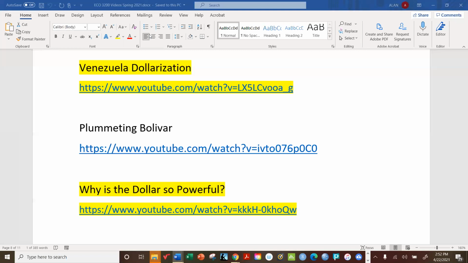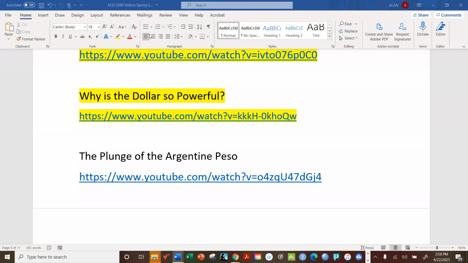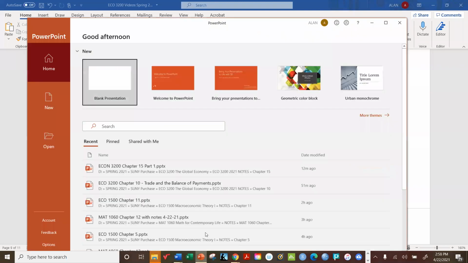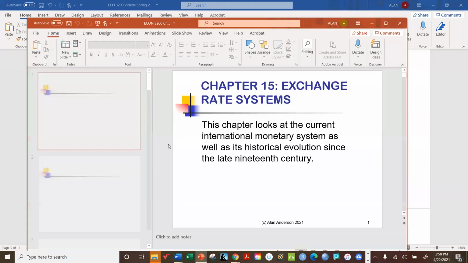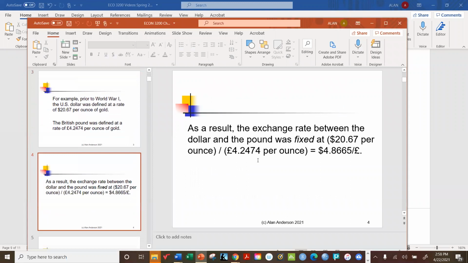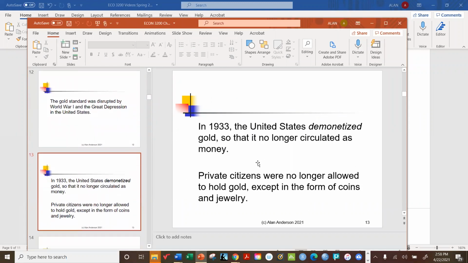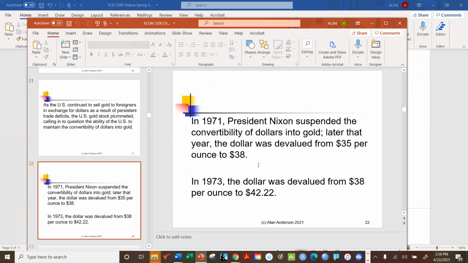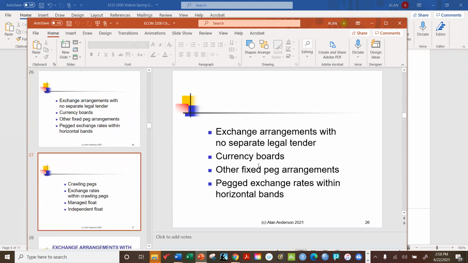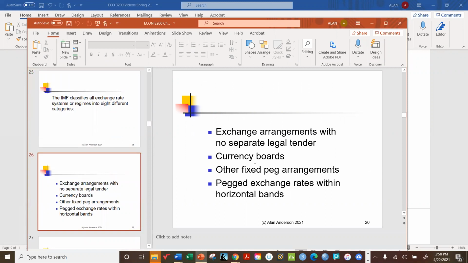Now, one of the other types of exchange rate systems we saw on our list, let's go back and look at the notes for a second. Here it is. So if you look at the list of exchange rate regimes that are recognized by the IMF, we've got exchange rate arrangements.